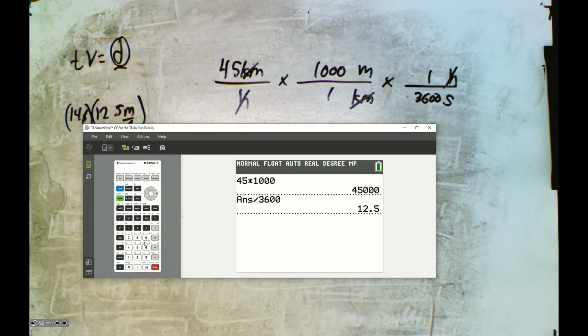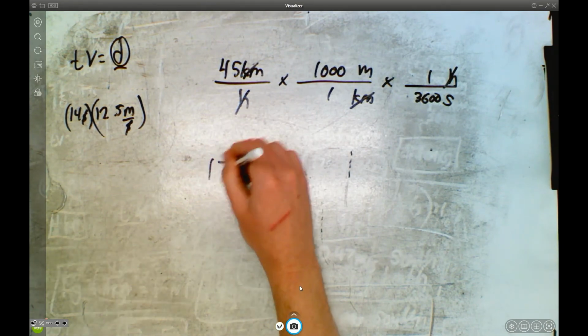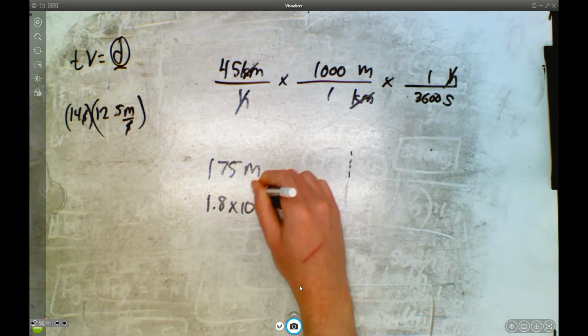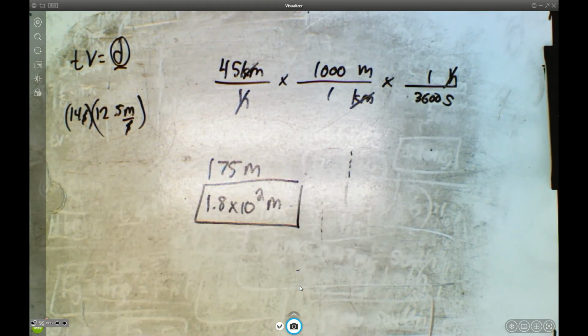If I just take my 12.5, multiply it by 14, I get 175. But in the question, there are only 2 sig digs, so 1.8 times 10 to the 2 meters would be a better answer. And it's asking for a distance, so we don't need any direction in there.